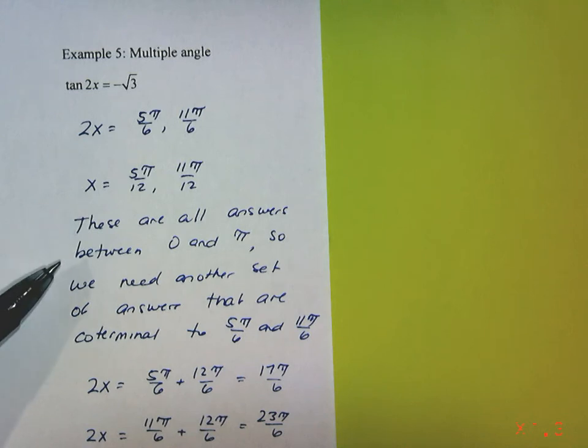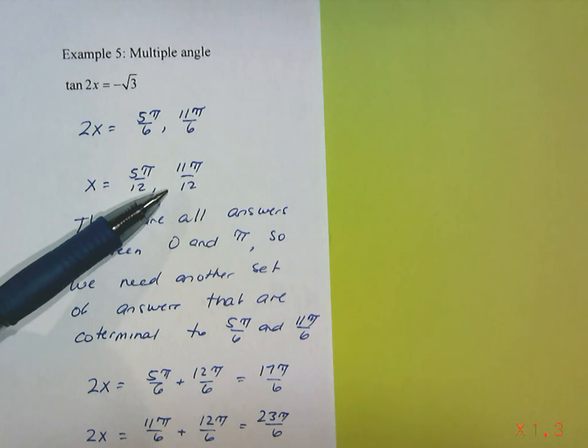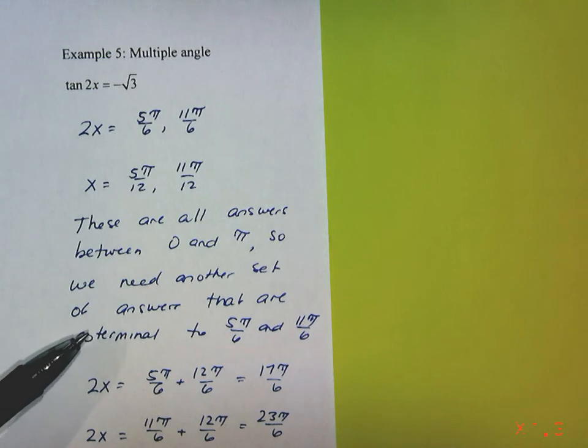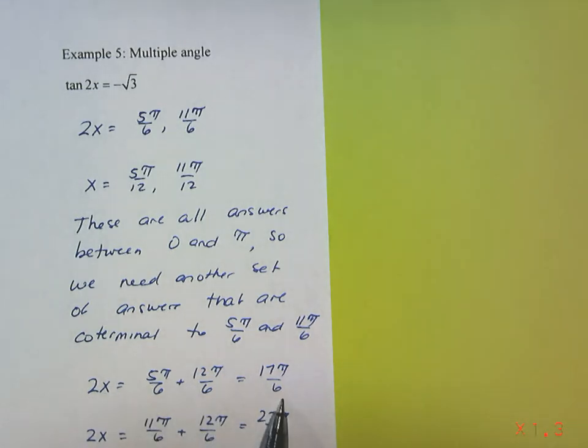These answers are only between 0 and pi. 12 pi over 12 would give me pi. So we need another set of answers that are coterminal to 5 pi over 6 and 11 pi over 6. So if 2x equals 5 pi over 6, coterminal to 5 pi over 6 is going to be 17 pi over 6. Coterminal to 11 pi over 6 is going to be 23 pi over 6.